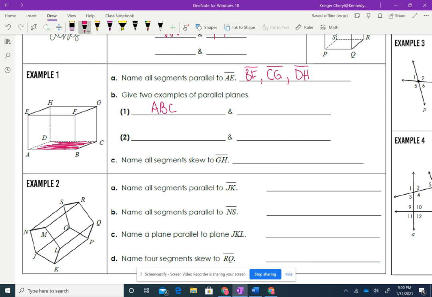And what is that parallel to? Well, that's parallel to the top, EFG. Okay, so what else is parallel? How about AEF, the front plane, the one closest to us? AEF is parallel to DHG.